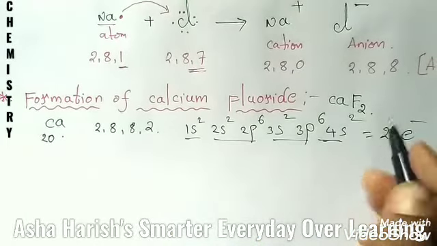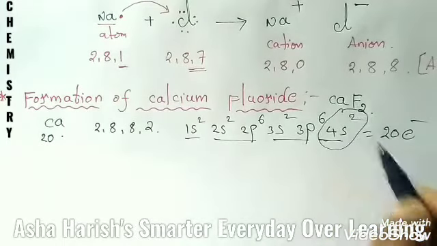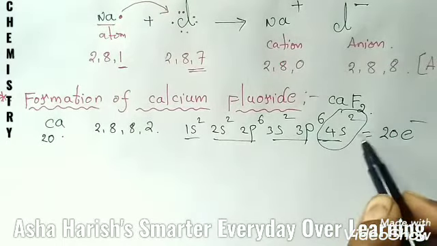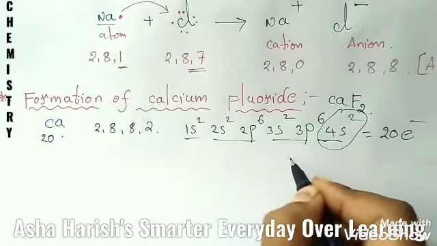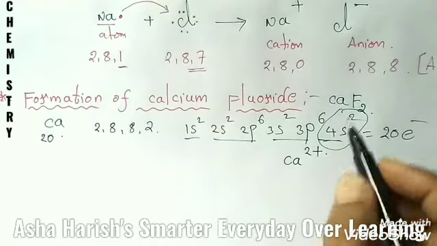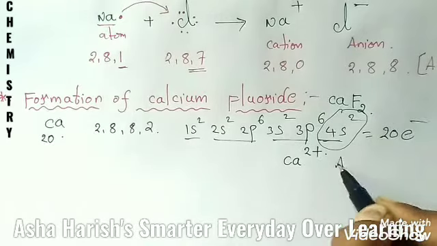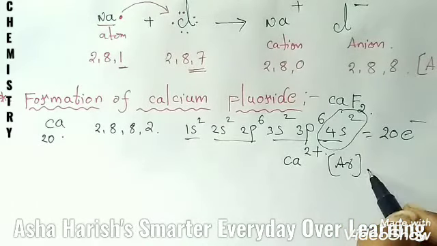Okay students, it needs to lose these 2 electrons which are present in its outermost shell. It is converted into the calcium 2+ ion, and attains the stable inert gas configuration, and that is argon.